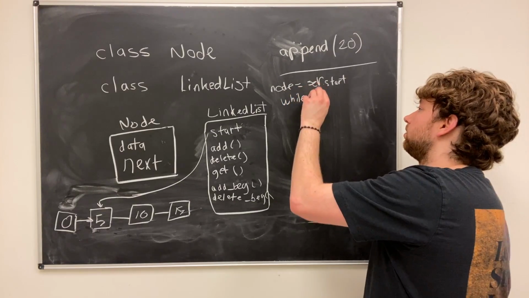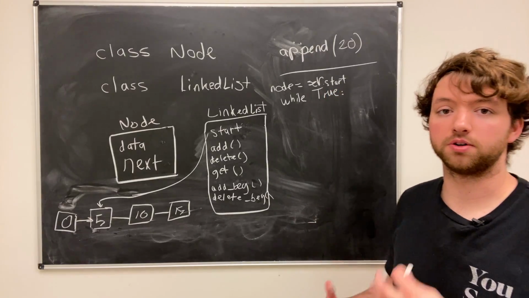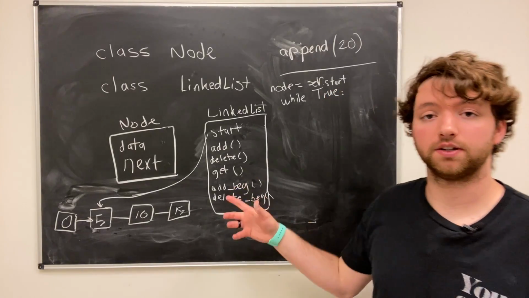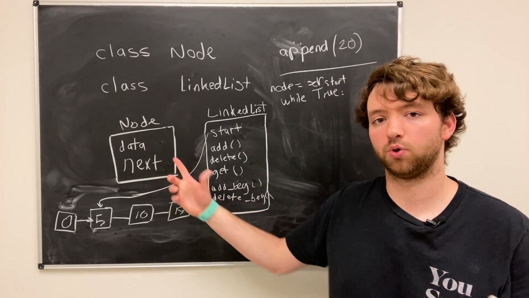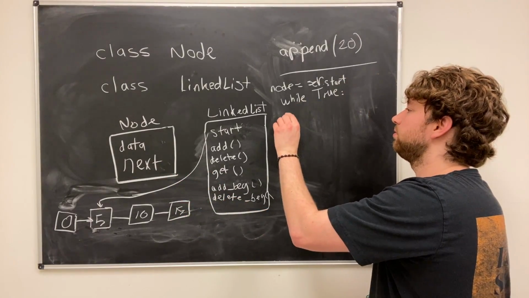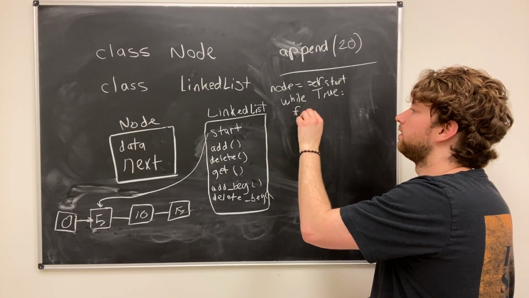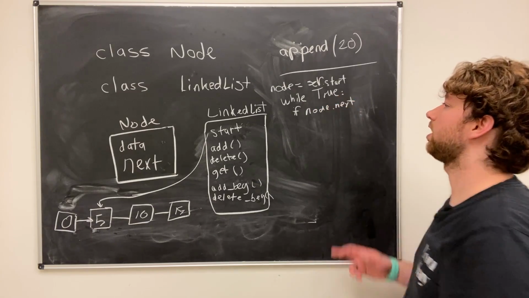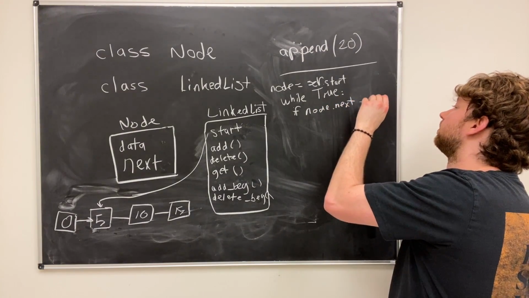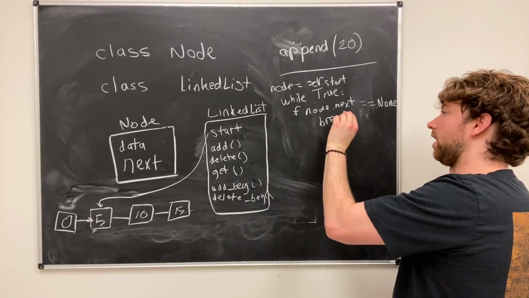So while, and we'll just say true to make an indefinite loop. It's just going to keep going until we break out of it. To check if it's the last node, we just have to see if next is null, or None in Python. So while true, we can check if node.next is null, we're going to break because we got that last node.